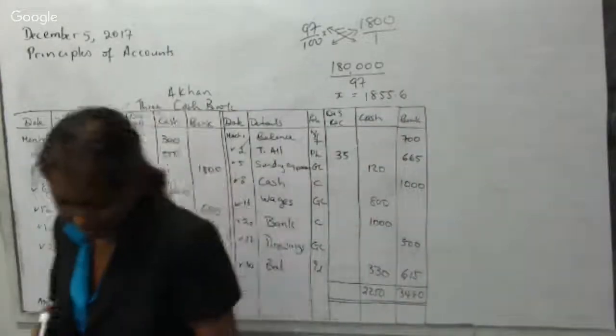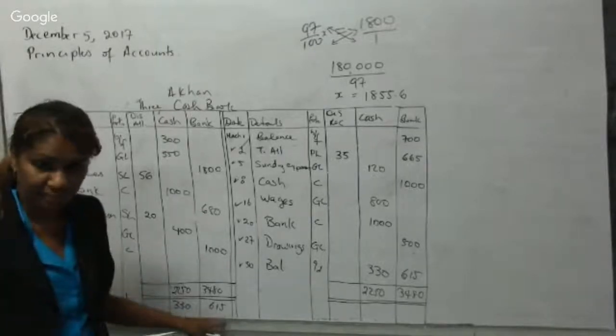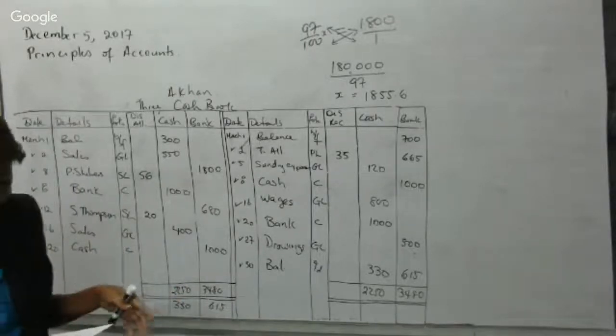First of all, let's look at what we have. He received a bank statement that showed an overdrawn balance of $1,405. Clearly something is off because our cash book is saying 615, and his bank statement is saying 1,405 overdrawn.